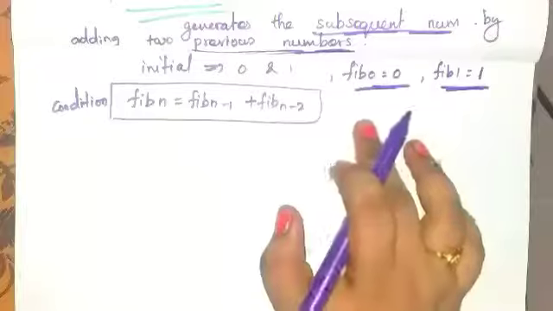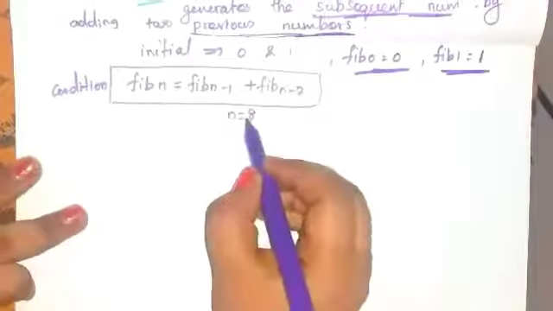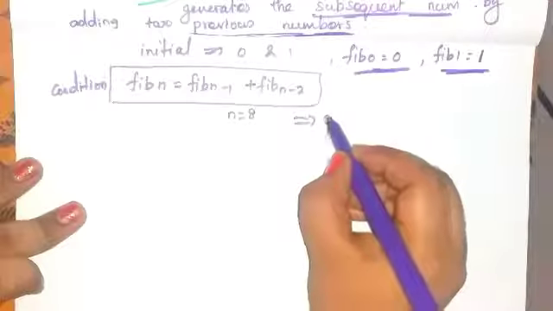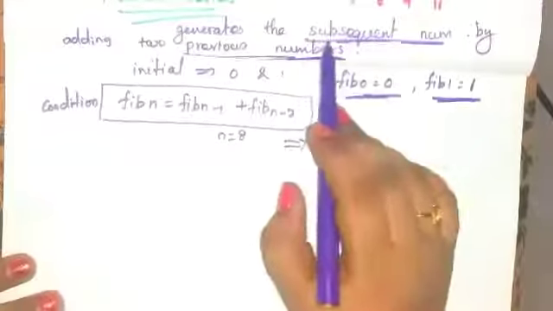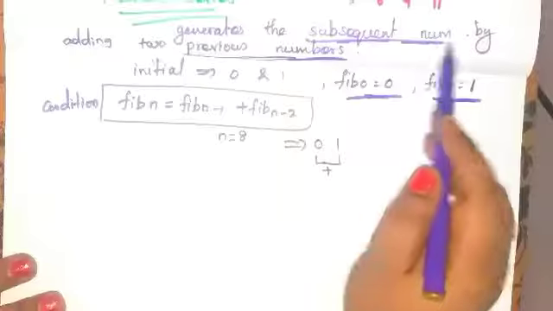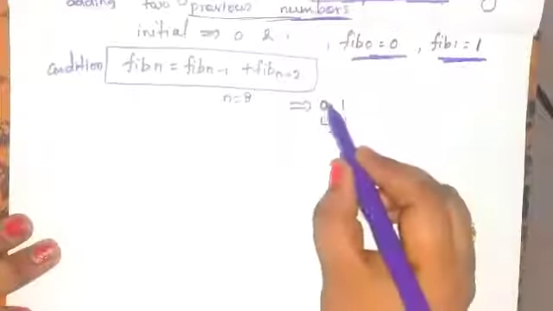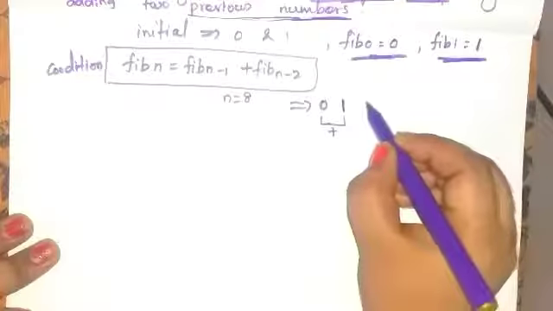If you want to calculate the Fibonacci series for 8 digits, n is equal to 8. The output you will get is like this. This is the initial value, 0, 1. So what is the definition? Generate the subsequent number by adding the two previous numbers. Add these two values: 0 plus 1, 1.